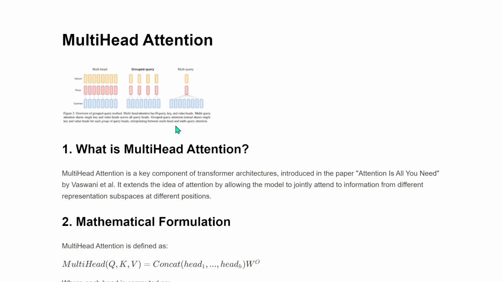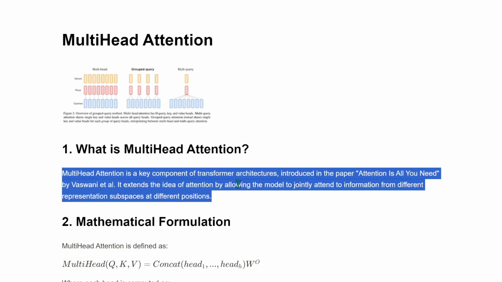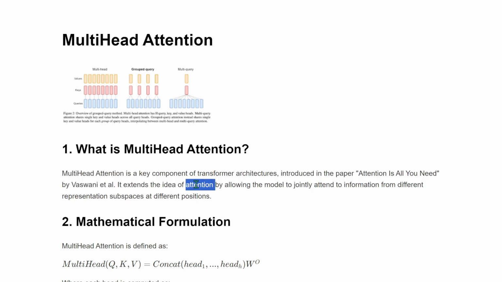Let's start with multi-head attention. Multi-head attention is a key component, the novel component that was introduced in the paper Attention Is All You Need, where it extends the idea of scaled dot product attention to attend to information from different representation subspaces at different positions.